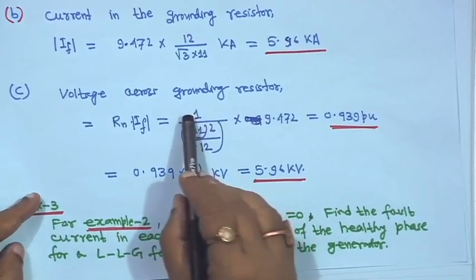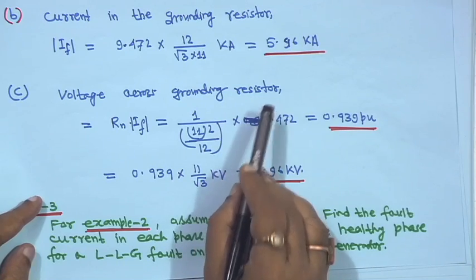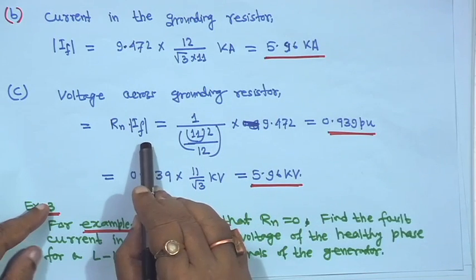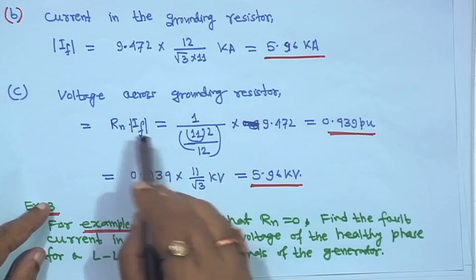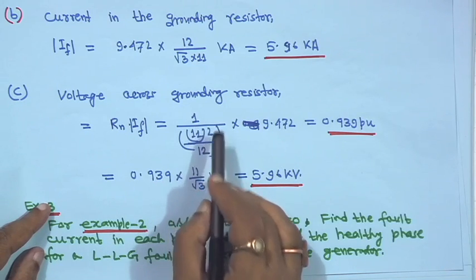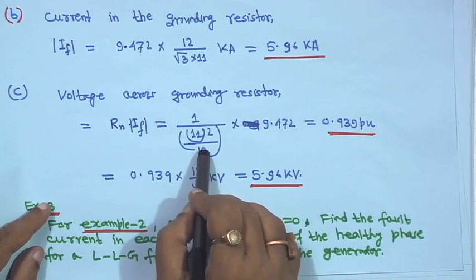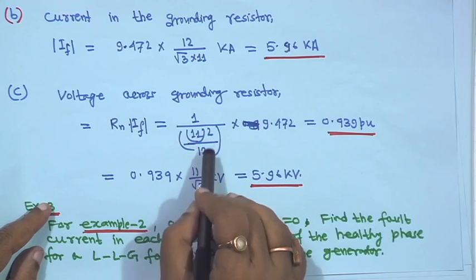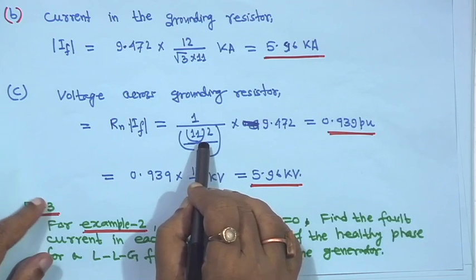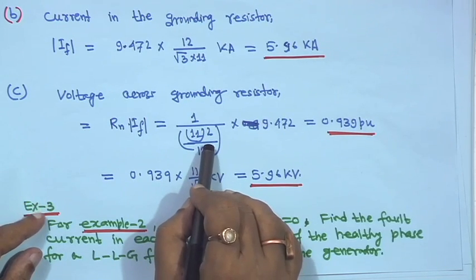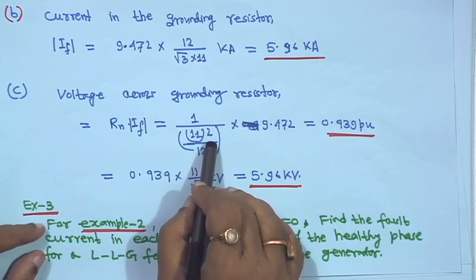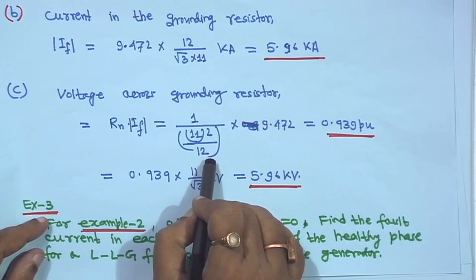Similarly, the voltage across the grounding resistor is Rn into the fault current. Rn is 1 ohm, and converted to per unit it is 1 divided by 11 square by 12, which is the base impedance of this generator, taking 11 kV base voltage and base MVA 12, the generator rating.